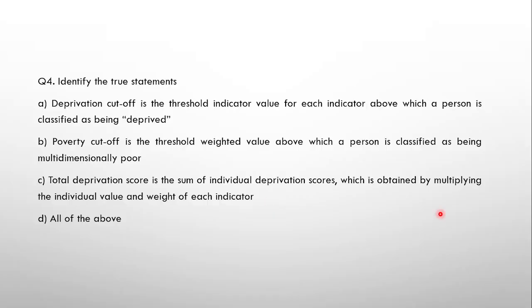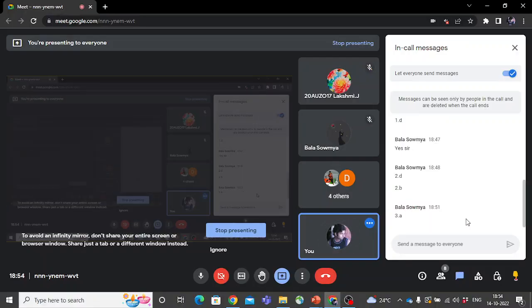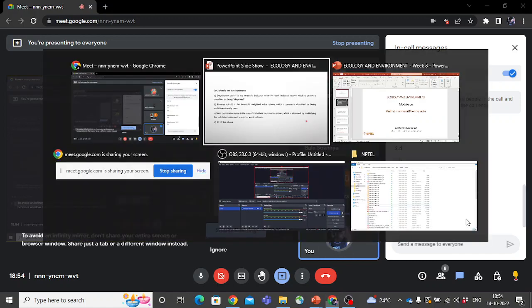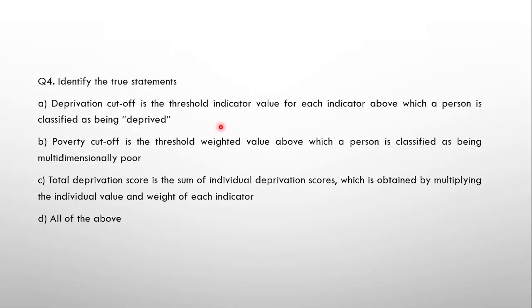Is it the fourth, right? Okay. Do we have answers? Do you need me to explain again? Perfect. The deprivation cutoff is essentially, like I told you, 6 years of schooling.